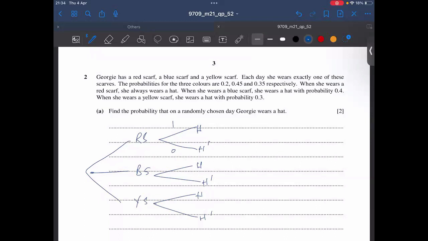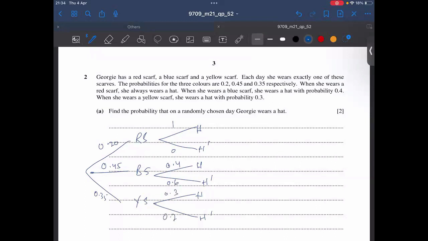The scarf probabilities are 0.20, 0.45, and 0.35. The probability that she wears a hat along with a blue scarf is 0.4, and she does not wear a hat along with a blue scarf, that's 0.6. And along with a yellow scarf, she wears a hat with a probability of 0.3 and does not wear it with a probability of 0.7.